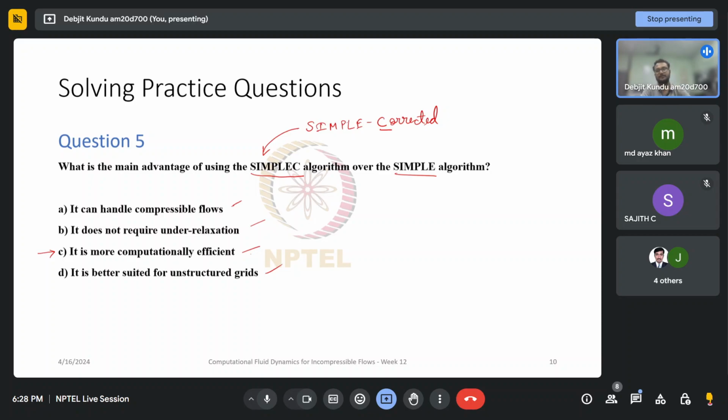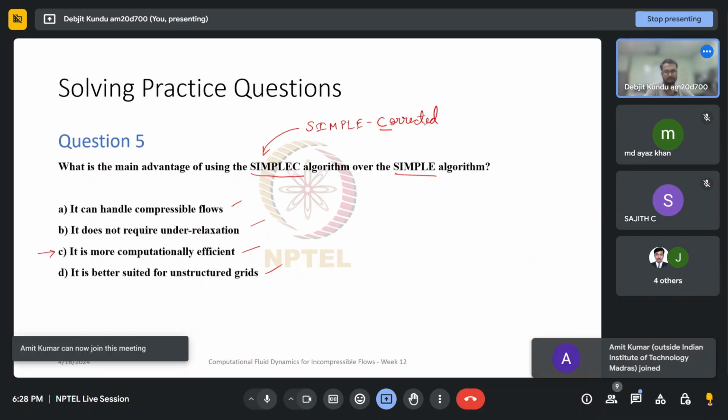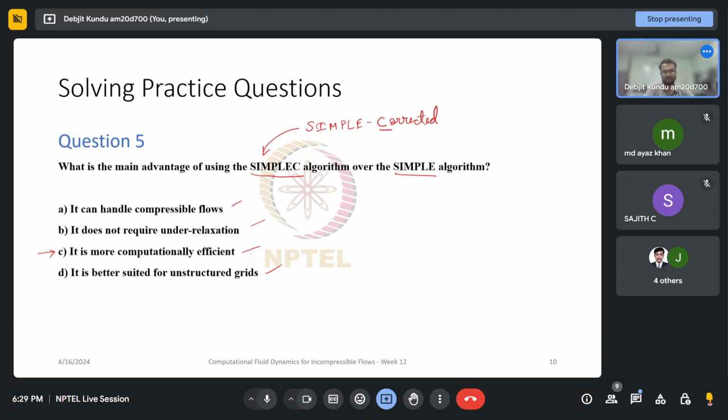Is it option A, B, C, or D? We have one response so far in favor of option C.